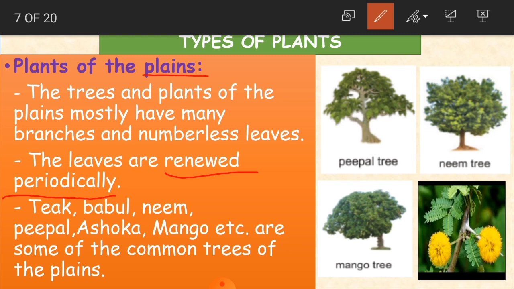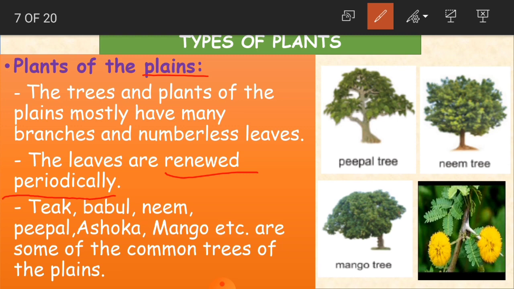Same like that here, periodically means from time to time. The leaves of these plants grow again and again according to the seasons. They shed their leaves, and again they start growing new leaves.